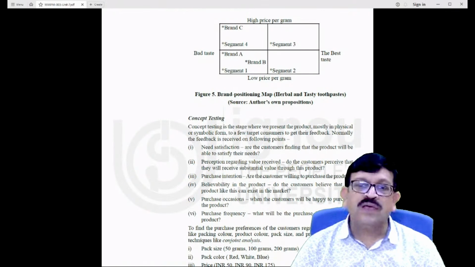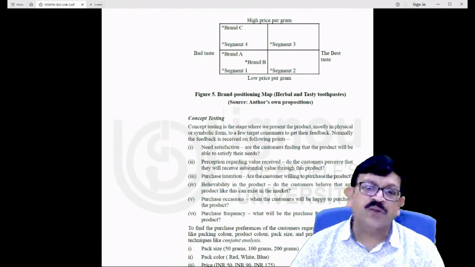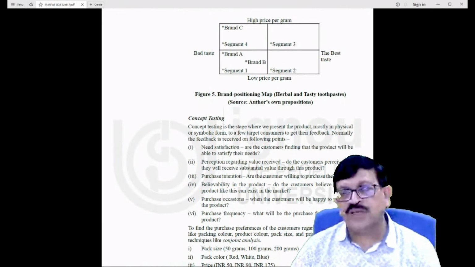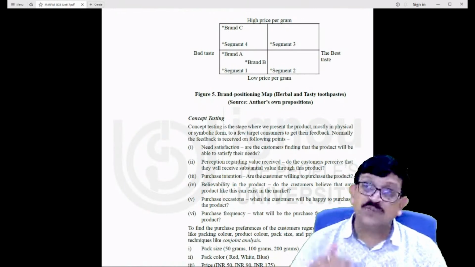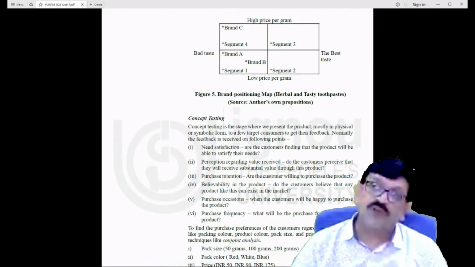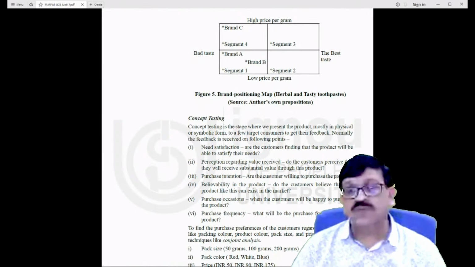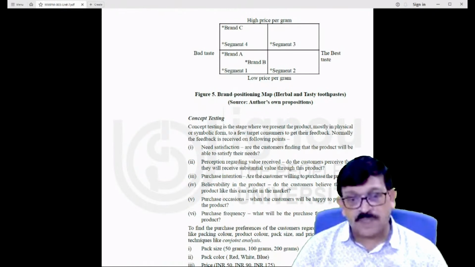It may not be as high as grocery items or FMCG products. Coming to specialty goods, the frequency may fall far more. So in that case, the cost of acquisition and the cost of making it available would be very high.